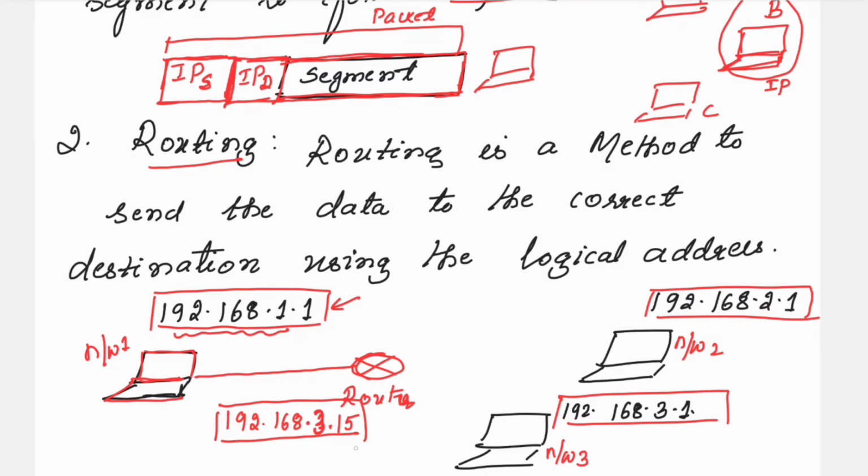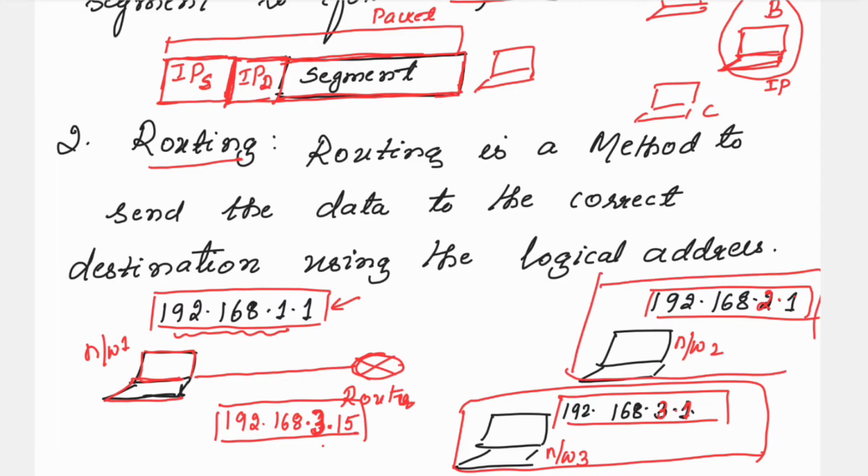Now the router can decide the route here because there is one network with 2.1 and another network with 3.1. What is the destination packet address? It is 3.15. So 3.15 is present where? It is present in network 3 only. So it has to send the packet to network 3. This way the routing functionality is carried out at the network layer. It decides to which network the particular packet has to be sent. We call that function routing. It is a method to send the data to the correct destination using the logical address.